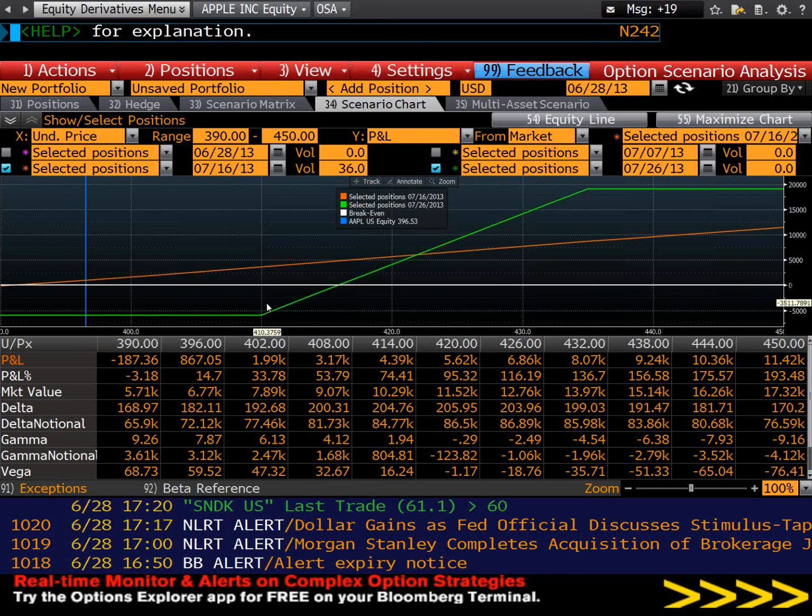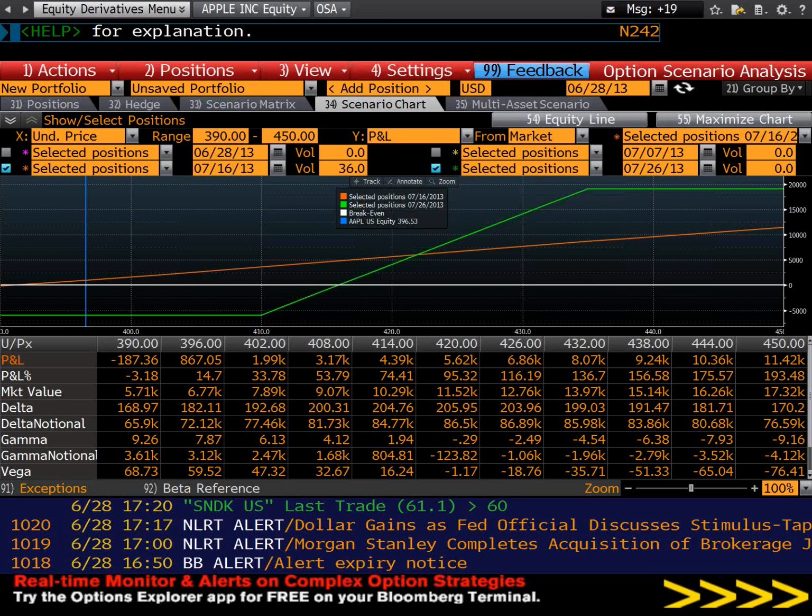Okay, so this is basically just a graphic projection of what would happen to your position, and here you have the actual dollar amounts, if you bought that spread today. The price is about $3.95. Buying that spread today, the 410, 435, would cost approximately 9 minus 3, call it $6.